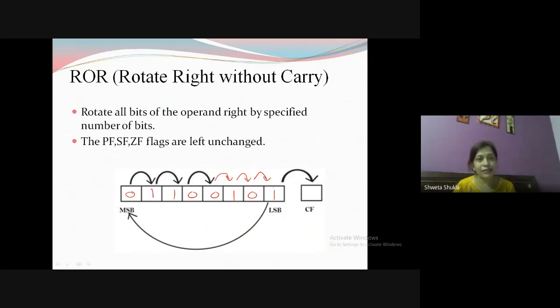And since it is rotate right without carry, the LSB will move towards the carry flag, and this LSB will move to the MSB also. The same bit will move to the carry flag, and the same bit moves towards the MSB. So same thing is here.